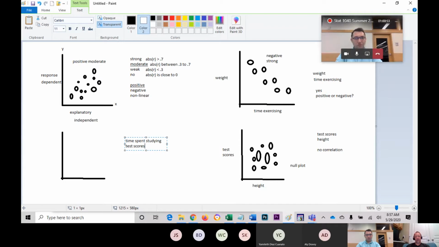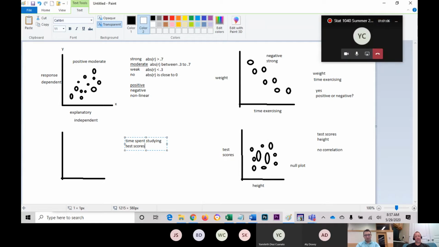What do you think? Somebody besides Easton or Wes. I think there would be a correlation. You would think there would be a correlation.